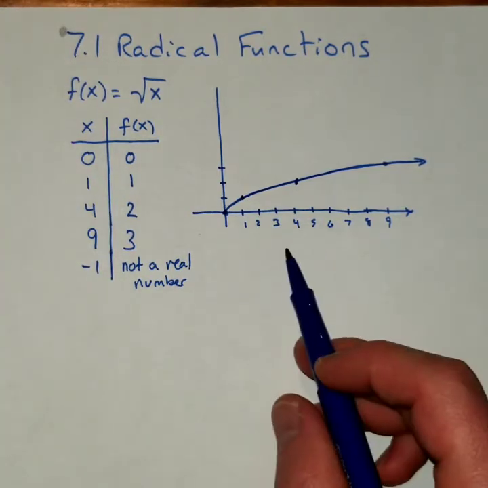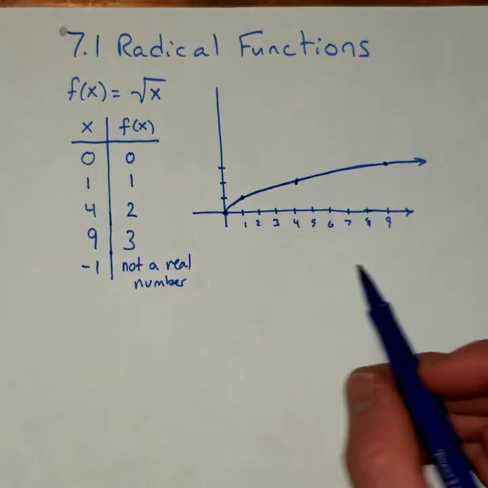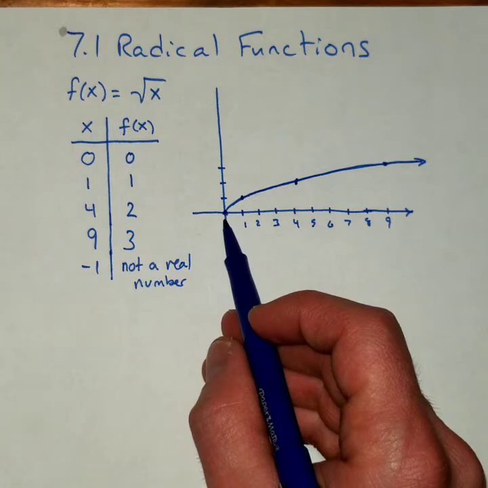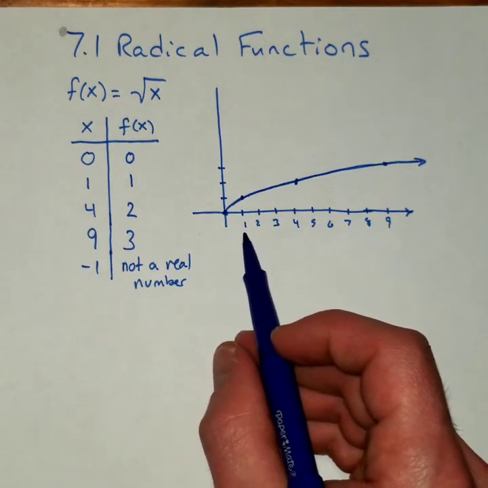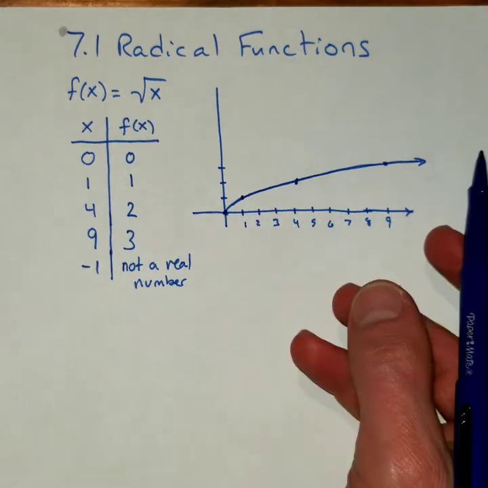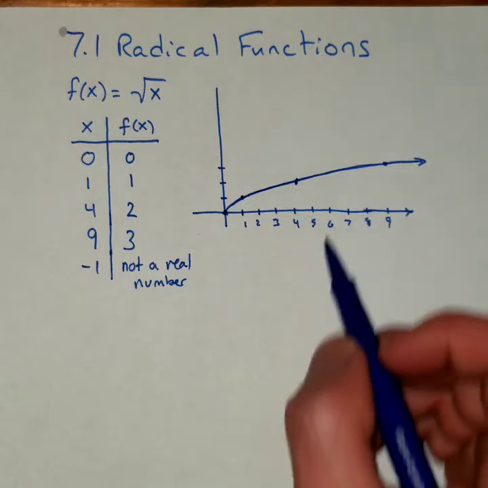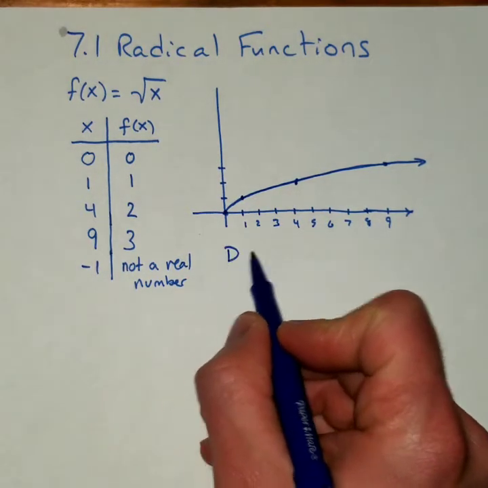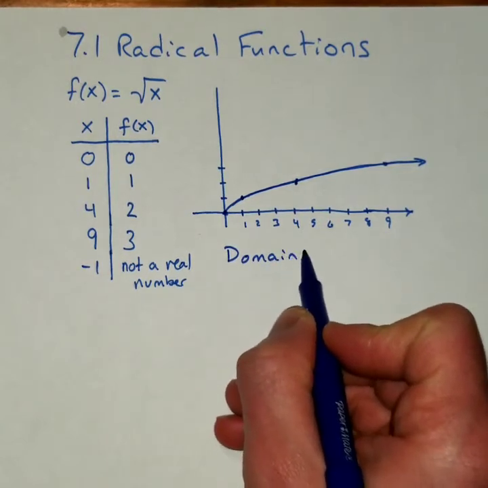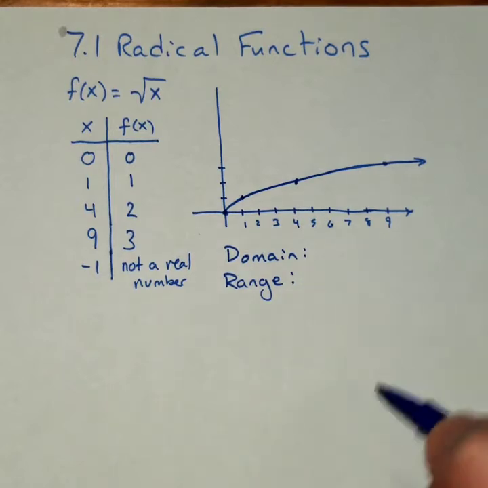And let's see. And it has some properties. One property is that it has an x and y intercept at the origin. Another property is that it just goes off to infinity. As you plug bigger and bigger numbers in, you're going to get bigger and bigger numbers out. And so the domain and range can be found. Remember, the domain and the range are the inputs and the outputs.